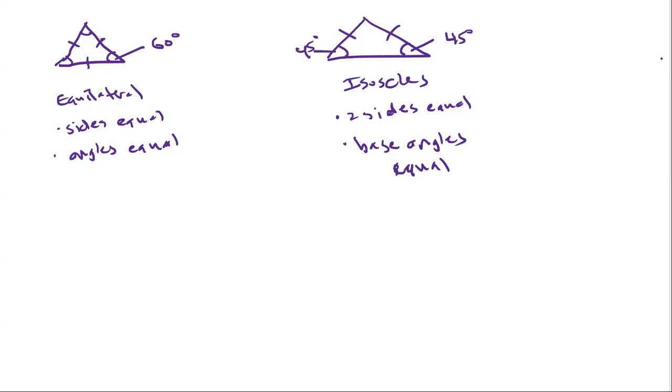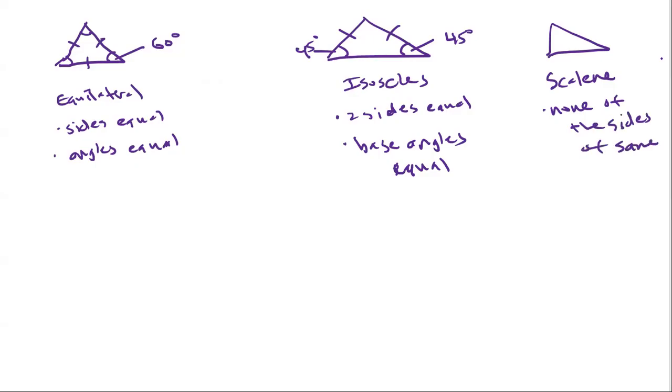And then another type of triangle is called a scalene. I'm trying to draw one, but anyway, it's a scalene triangle. Scalene means none of the sides are the same, and none of the angles are the same as well.